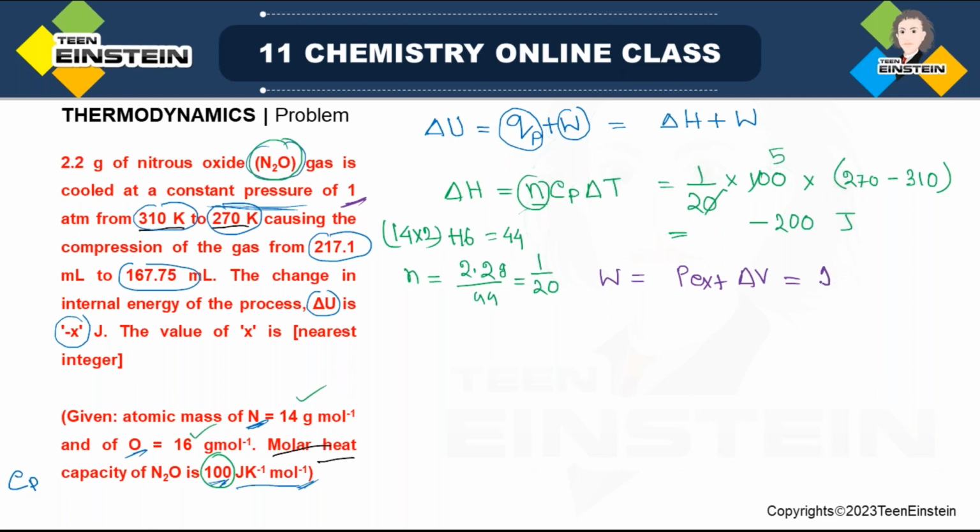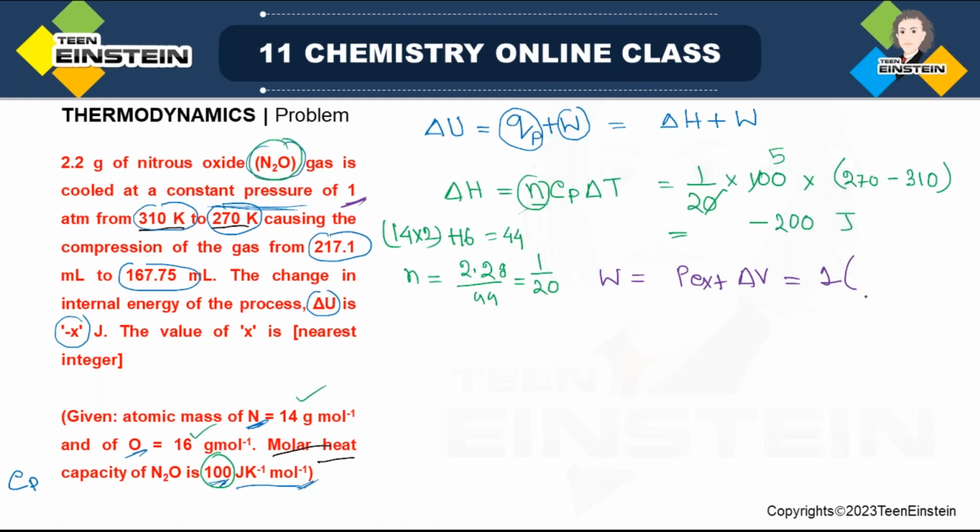Look at this. So we will put 1 atmosphere. Now it is compression. So starting from 217.1, we are compressing it up to the value 167.75.